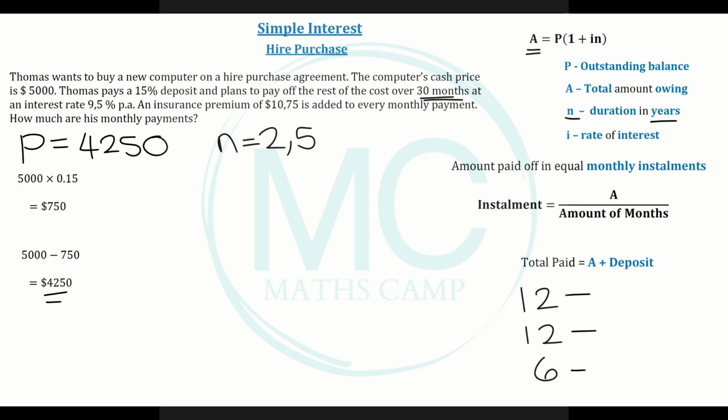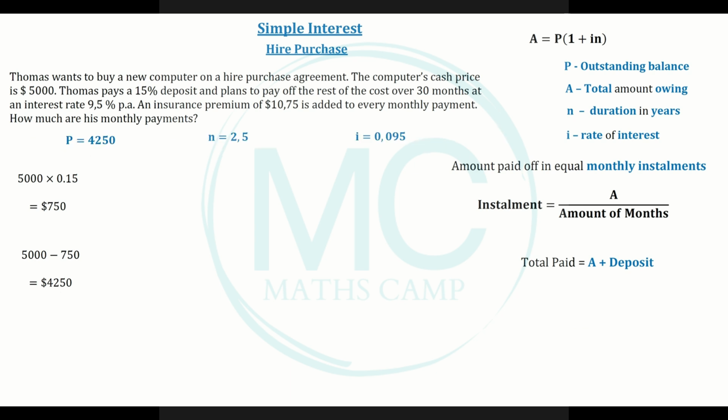The store offers an interest rate of 9.5%. So we say I is equal to 9.5 over 100, which gives us 0.095. Now that we have these values, we can put them into the formula. So we can say A is equal to P, 4,250. Open our bracket, 1 plus the value of I, 0.095.